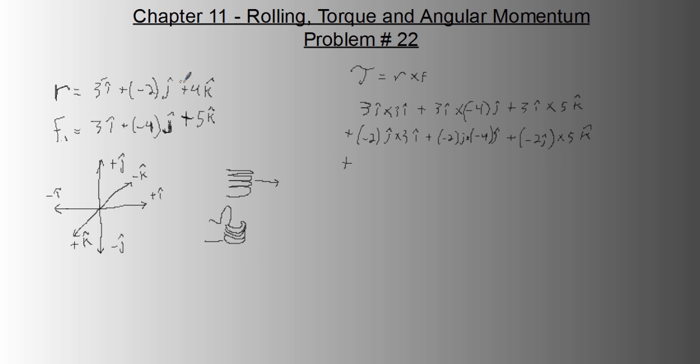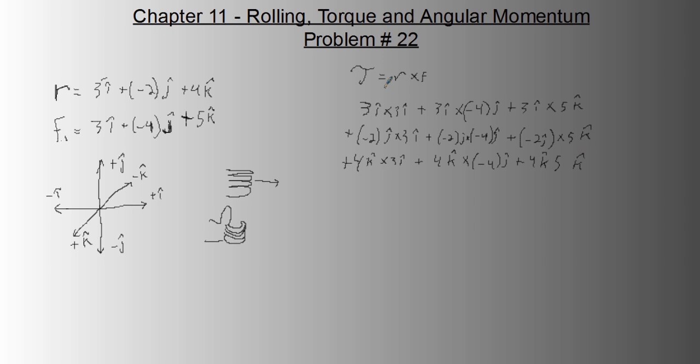And then these ones last: 4k crossed with 3i, plus 4k crossed with negative 4j, plus 4k crossed with 5k.